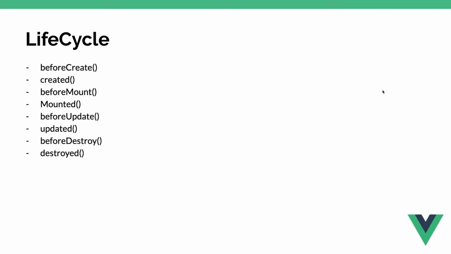Every framework has some lifecycle methods. These are some of the lifecycle methods. Now you are seeing beforeCreate, beforeMount, beforeUpdate, beforeDestroy. The function name itself has some meaning. Whenever a component is created, before creating the component, it will call the beforeCreate function.